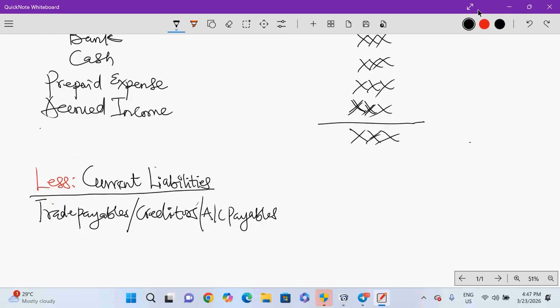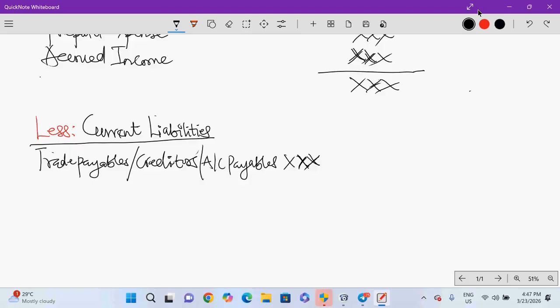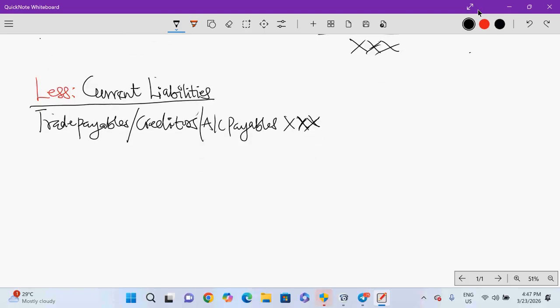So let me bring that under the first currency, first Ghana cedis. What else?